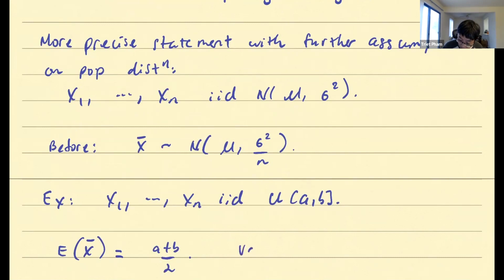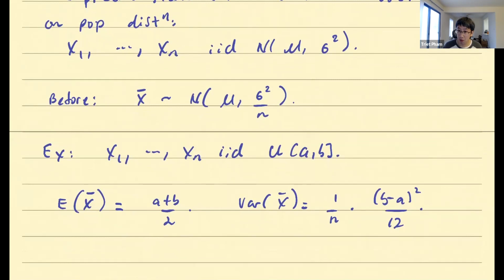I know that the variance of X bar will be 1 over n times B minus A squared over 12. Is this okay for everybody? Which is from before. Okay, then can I go all the way home?